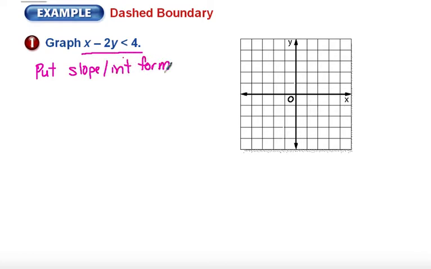And you should do this with me. So I'm going to solve for y. So I'm going to take that x to the other side, and I'm going to divide both sides by -2. When I do it to the right side, I have to do it to everything on the right side.